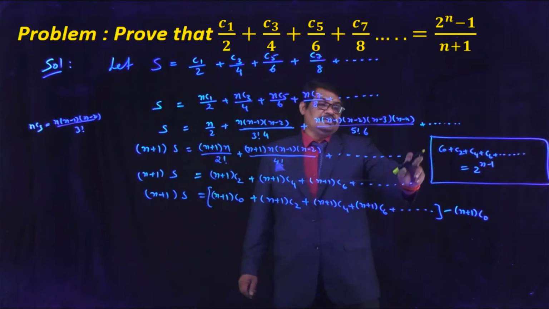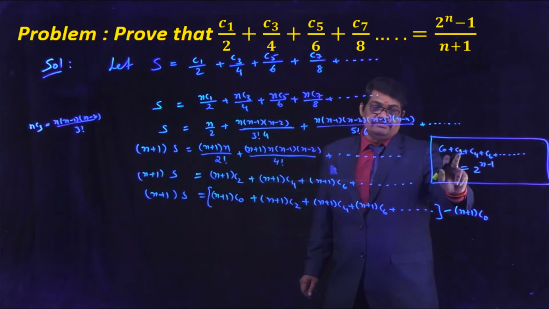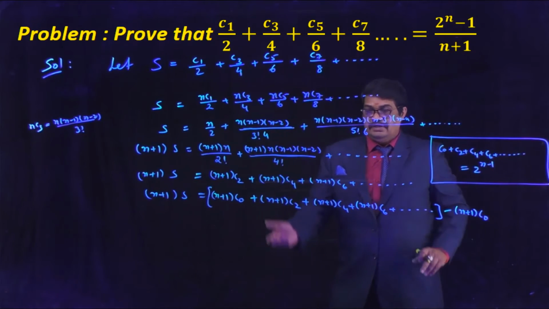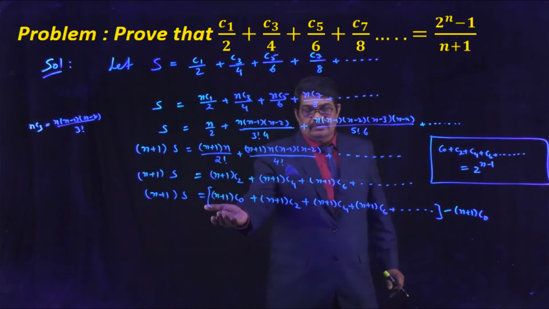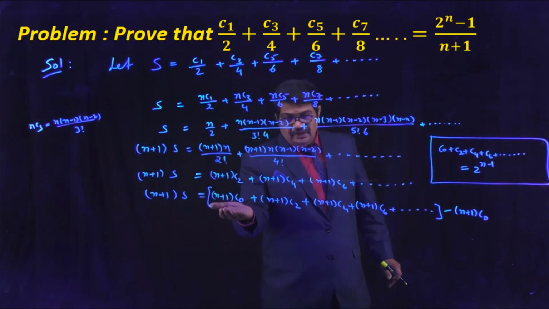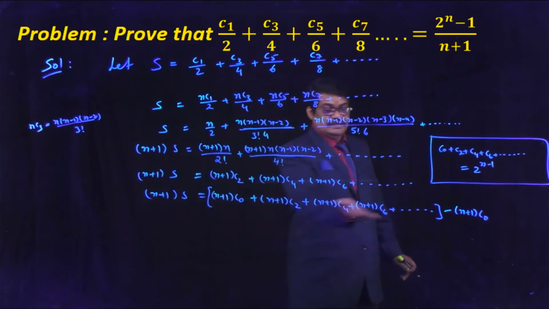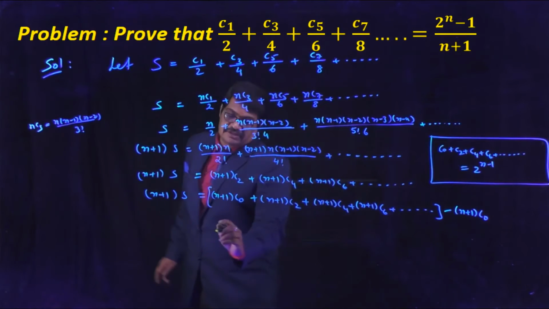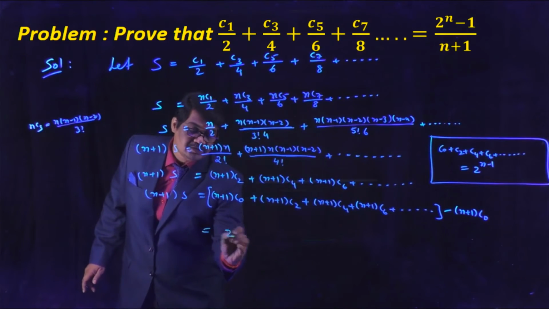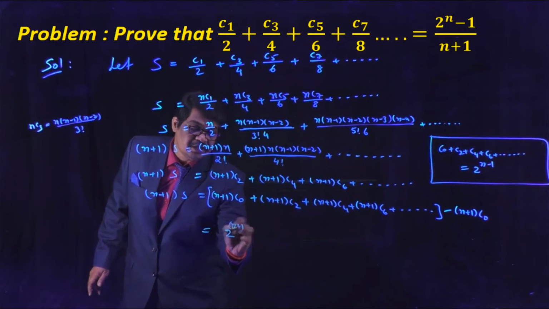Here, in the place of n we have n plus 1, so this value becomes 2 to the power of n plus 1 minus 1.